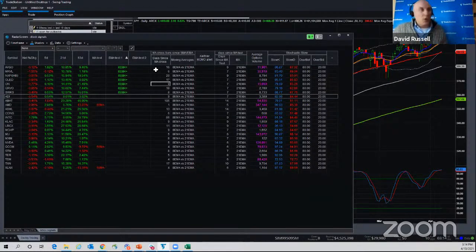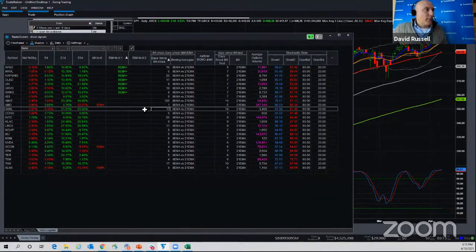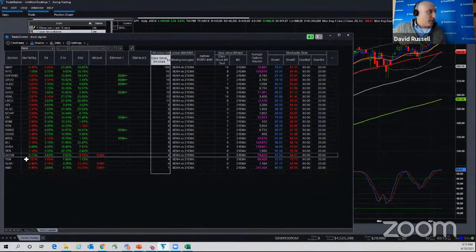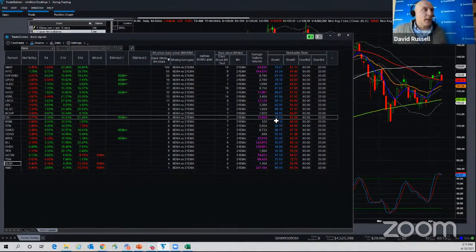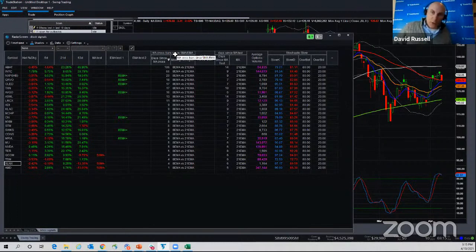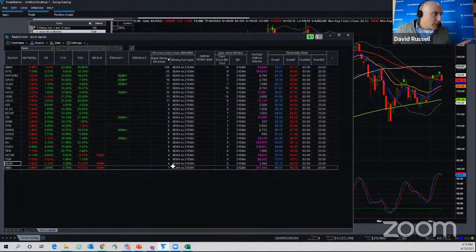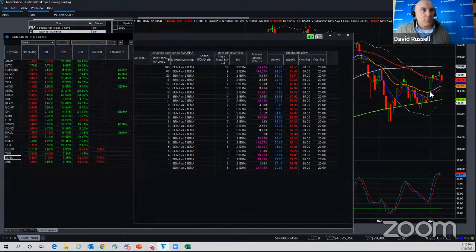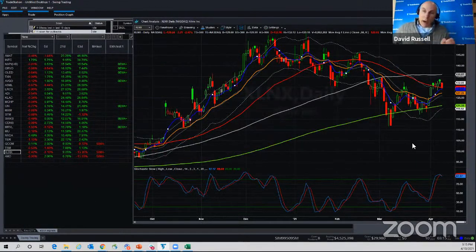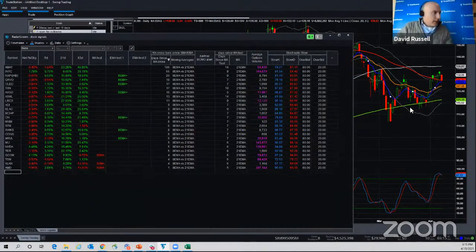So remember I told you, if it's a positive number, what this means is the number 4 here. Let's just look at this Xilinx. It means that the 8-day exponential rose above the 21-day exponential in the last 4 days. And right here, see this blue line? It counts that. If it's a positive number... let's look at some bad stock, something that's not doing well recently.